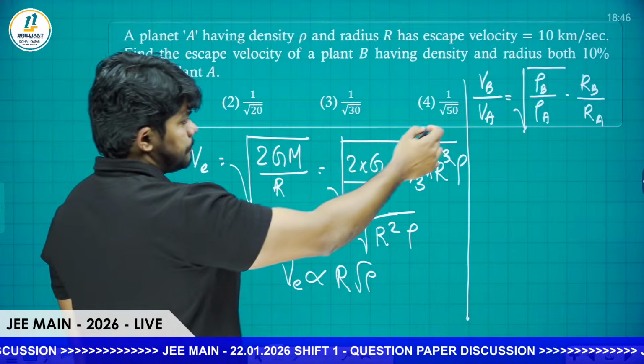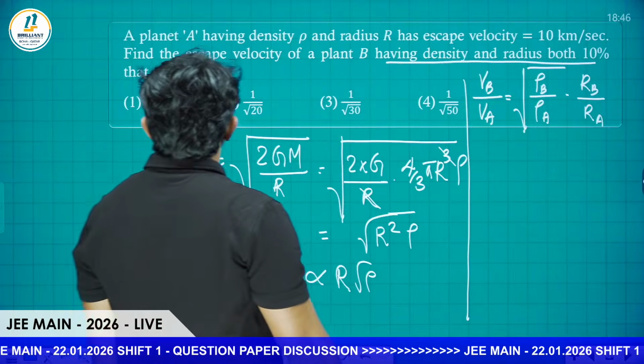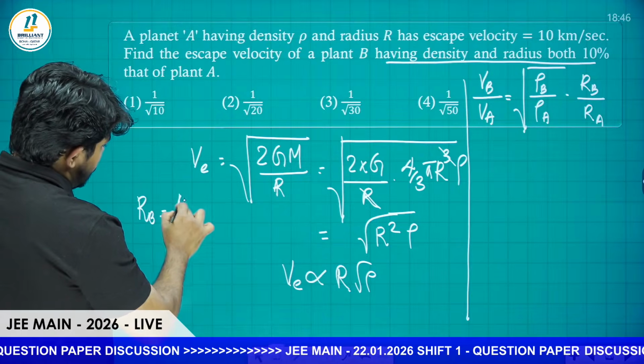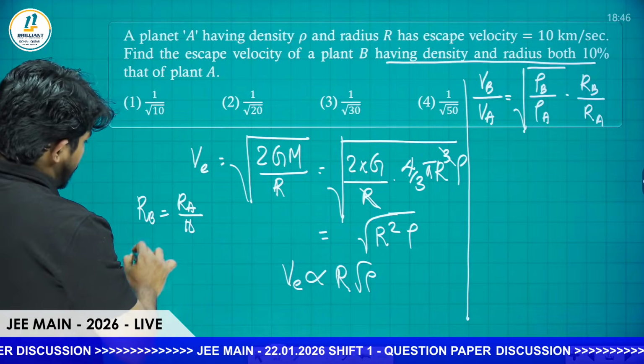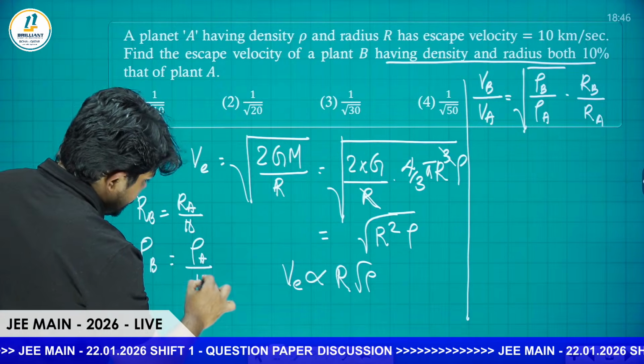We can substitute the values; they have given that the density and radius both are 10%. So RB is RA divided by 10, and rho B is rho A divided by 10.